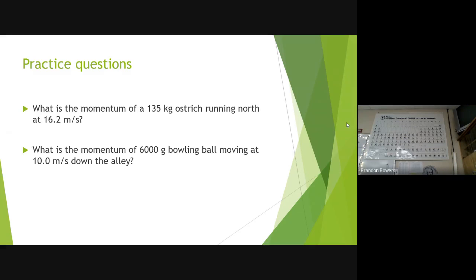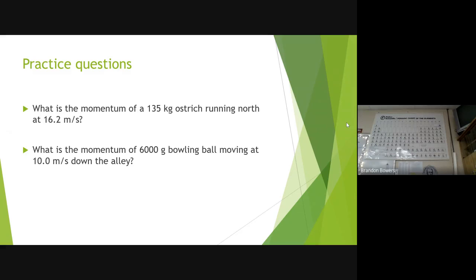Do I like grams? No. I wanted to convert that to kilograms. So gram to kilogram, you got to move your decimal 3 to the left. What's my kilograms? 6. Does that make sense to go from gram to kilogram?